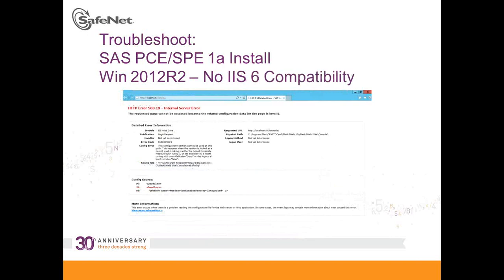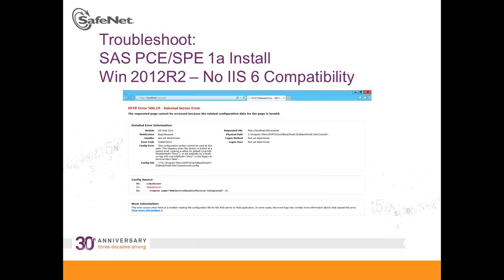This catches a lot of customers because it's not really documented as such that we need to have IIS 6 compatibility. So if, when you added the IIS role, you did not select IIS 6 compatibility and you complete the SAS install, when it opens up the first time to localhost/console, it's going to pop you this 500.19 internal server error.